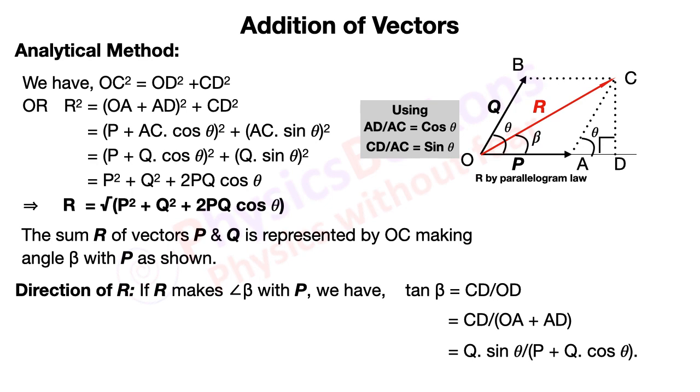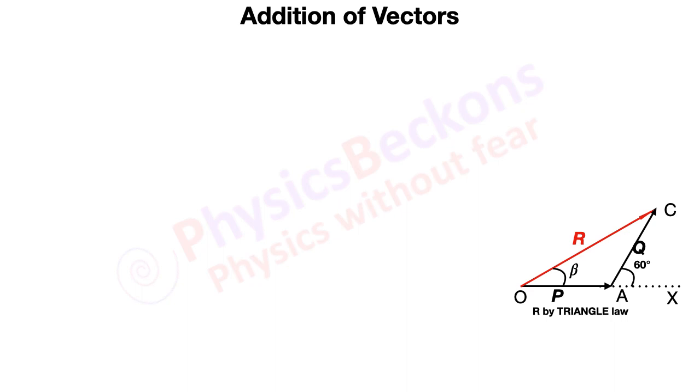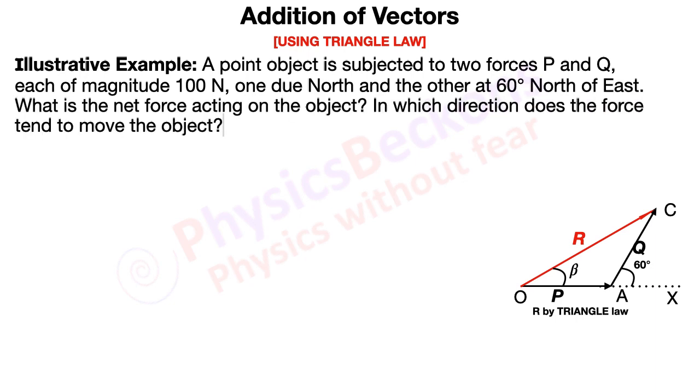We know that vectors can also be added by triangle law, which is similar to the parallelogram law. So we are quickly reproducing the diagrams and the explanation for your reference, that is, addition of vectors using triangle law. This I am leaving as an exercise for you, which you will write on your own.